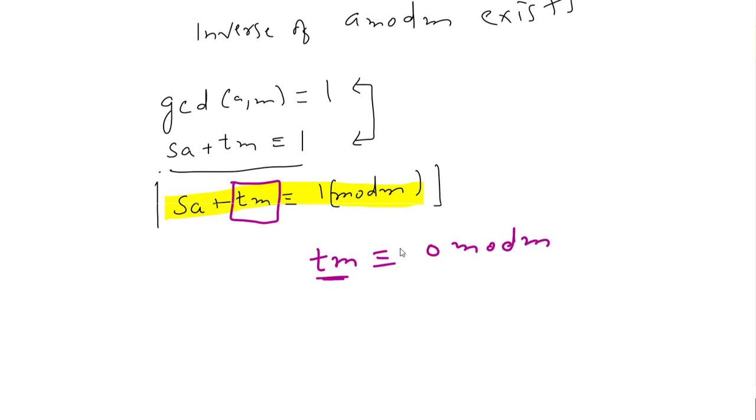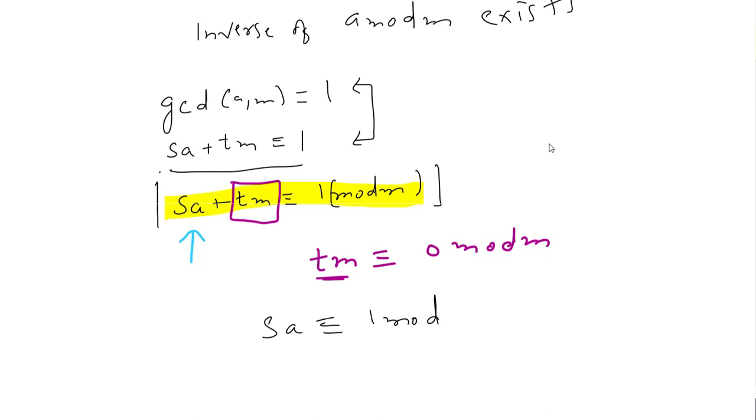Then this expression where we claim that this entire thing is congruent to 1 mod M makes sense only when S times A is congruent to 1 mod M.